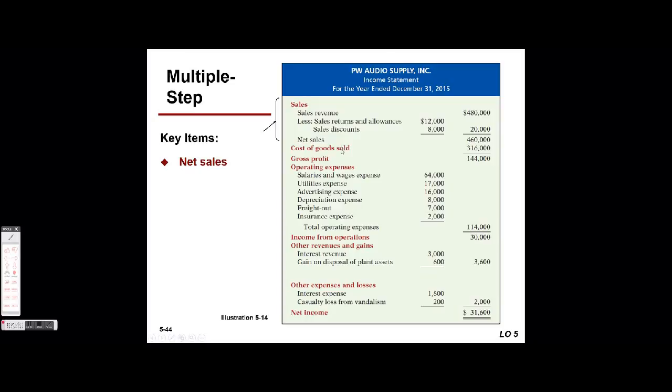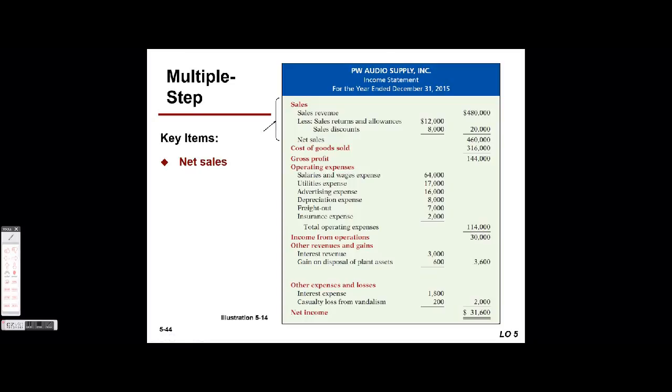Gross profit. Alright, if you're asked to do a multi-step income statement, you must show gross profit. And gross profit is exactly net sales less cost of goods sold. Alright, in this case, $144,000. The operating expenses section is very similar to the expenses section that we would have done in chapter 1.